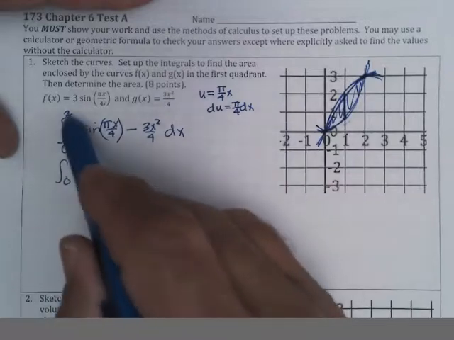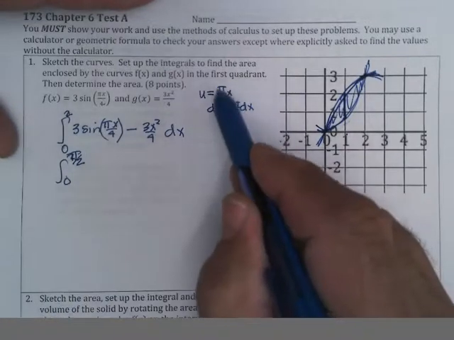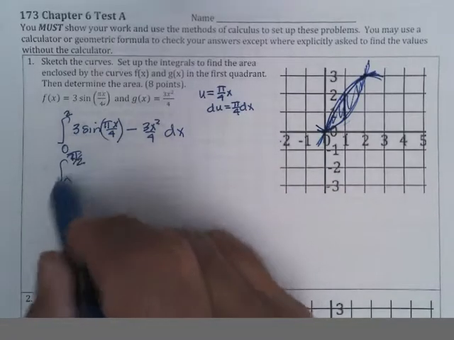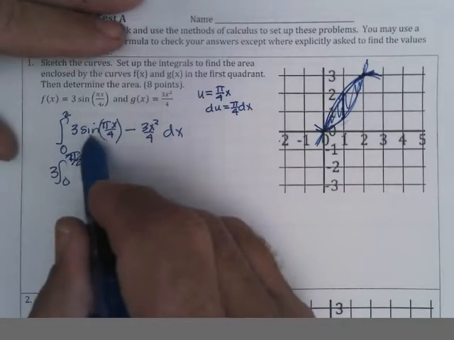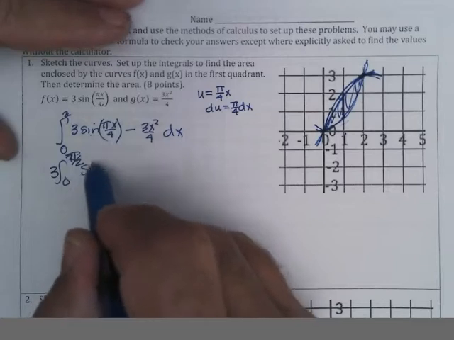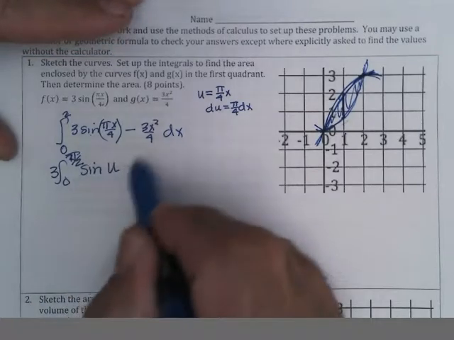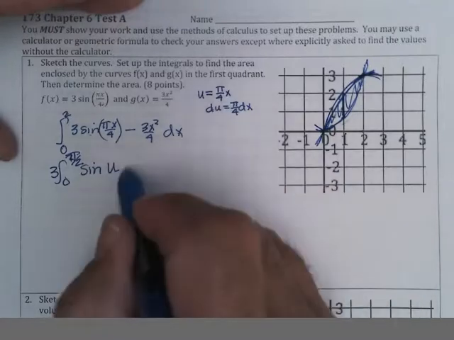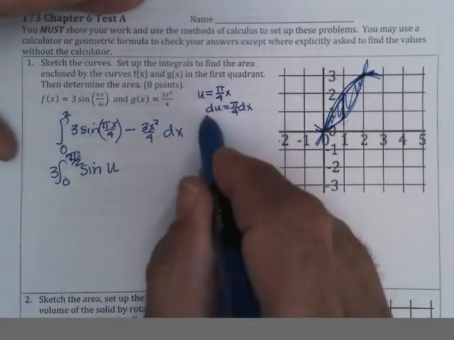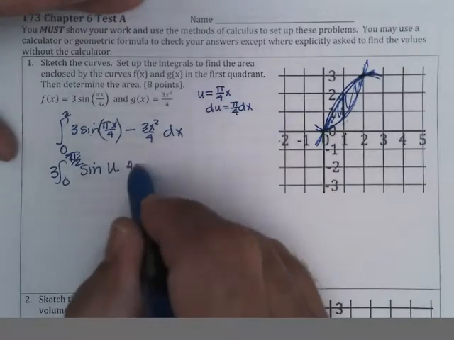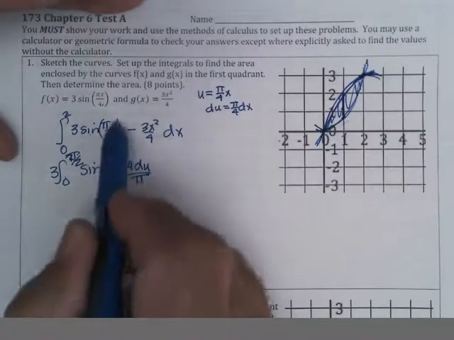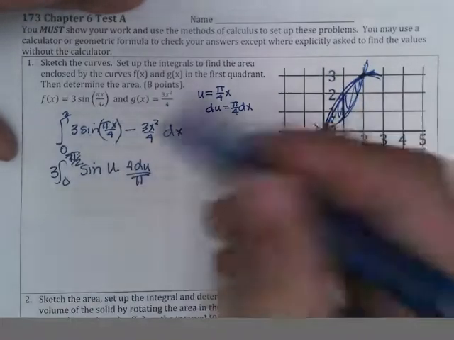If I put 2 in for x, I get pi over 2. The 3 would come out, and this would become the sine of u, and dx would become 4 du over pi. That's what the first part would turn into.